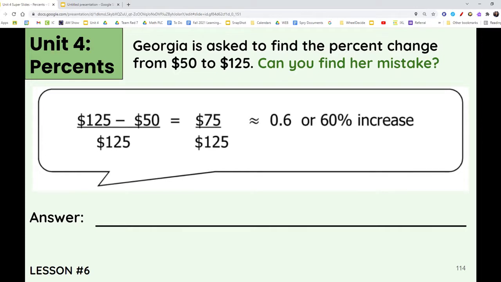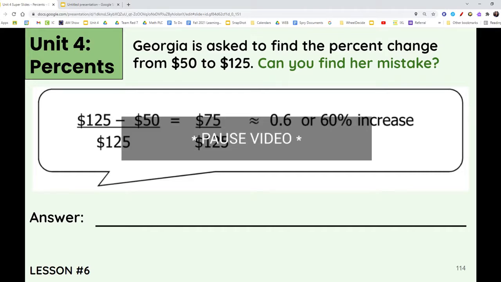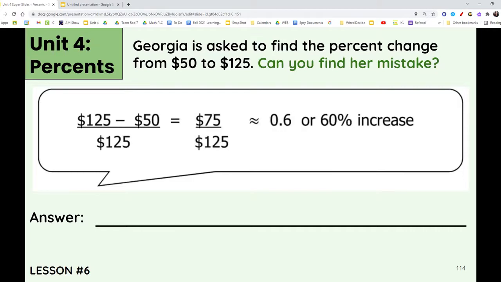I want you guys to pause the video and try to find the mistake that Georgia made when finding the percent change. All right, you should have found that Georgia did not divide by the original price. The original price is $50. So in the denominator here, this should say $50 instead of $125.